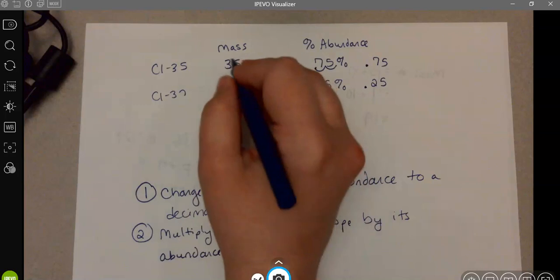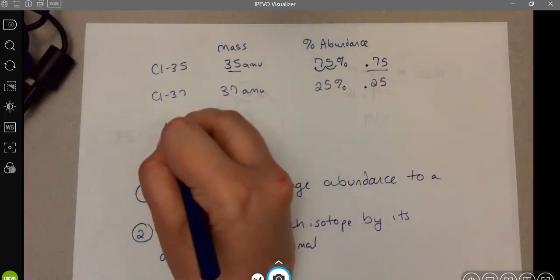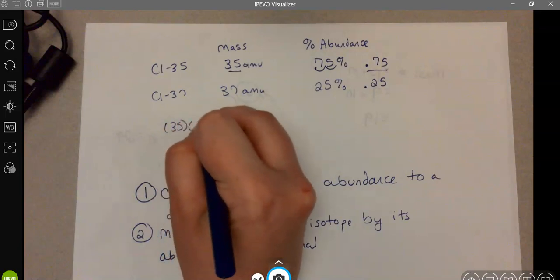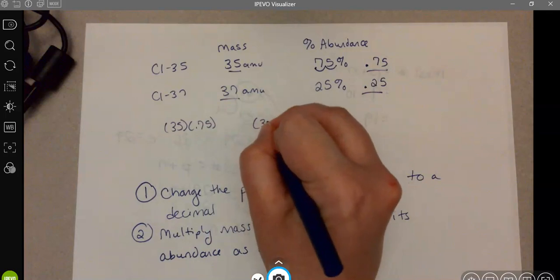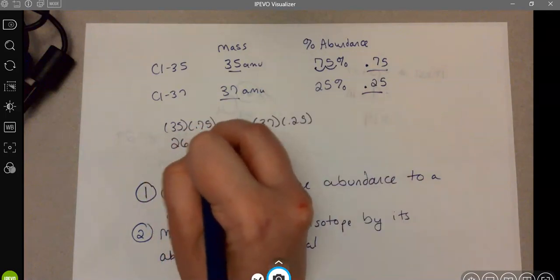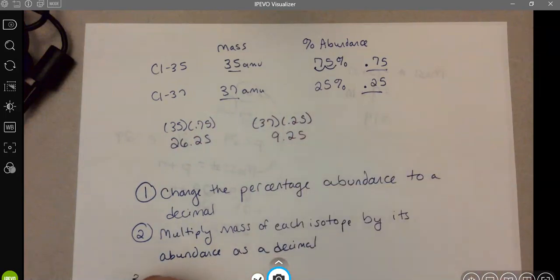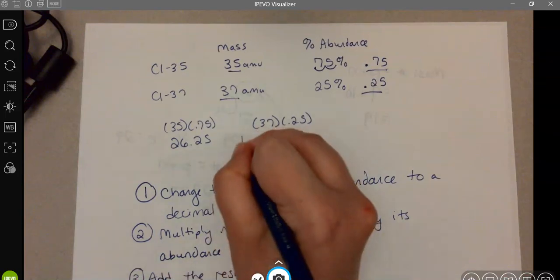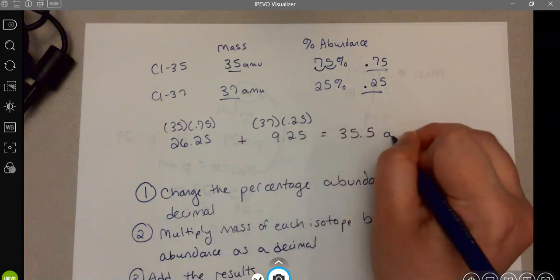Okay, so I would take 35 times 0.75, and then I would take 37 times 0.25, and I would get 26.25 and 9.25. Okay, then finally I have to add the results. And when I do that, I get 35.5 atomic mass units.